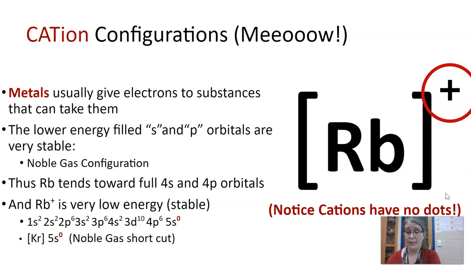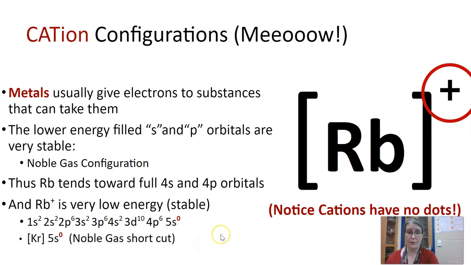Because with cations we're taking electrons away, we conventionally just don't show the valence electrons that are left, because otherwise all of our anions and all of our cations would have 8 dots all the time, and it would be harder to tell them apart. Since this is losing, we show that by literally losing the electrons in the valence shell and not having any electrons shown.